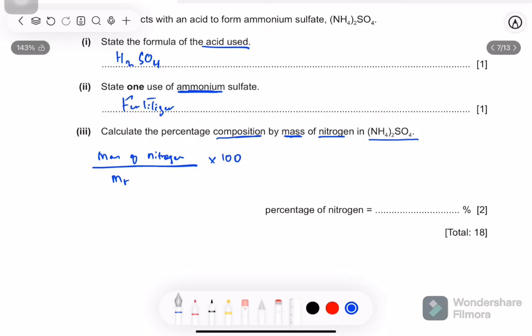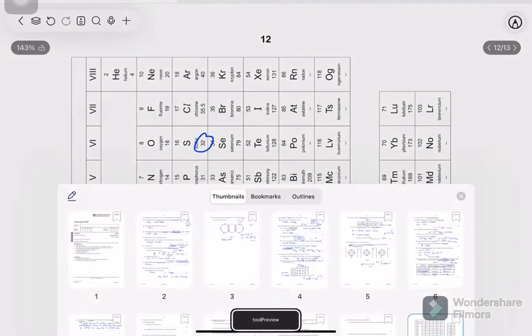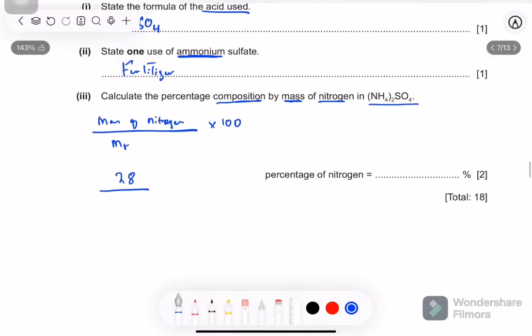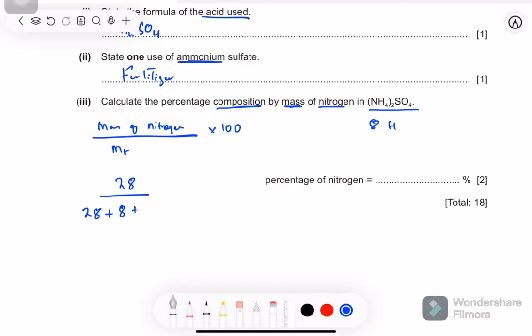We have 2 nitrogens over here, so this will be 28: 14 plus 14, 28. And the Mr will be, if we look at the periodic table, sulfur has a mass of 32. So 28 for the N2, plus 8 for the hydrogen, as there are 4 and 2, 4 2s are 8 hydrogens with 1 mass each, plus sulfur has a mass of 32, plus 16 times 4.